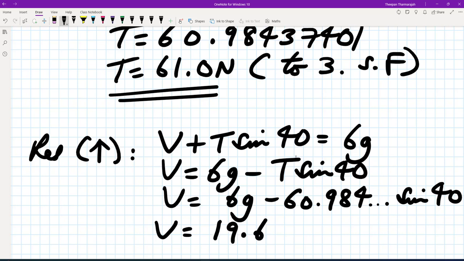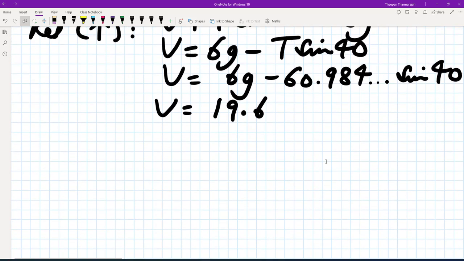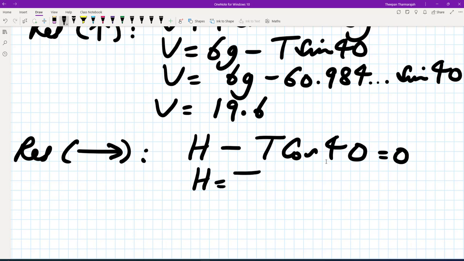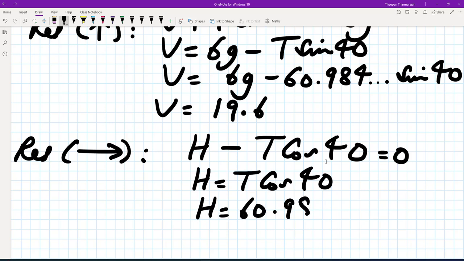And then we're going to resolve horizontally. If we resolve horizontally, we're going to get H minus T cos 40 equals 0. It's in equilibrium. Therefore, H equals T cos 40. In other words, H is 60.984 and so on, times cos 40.